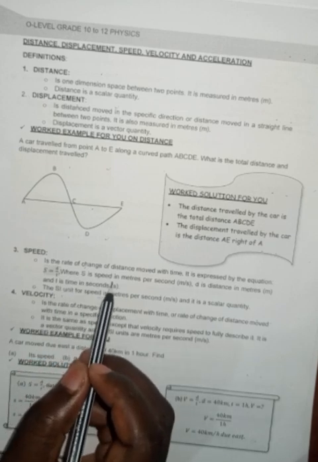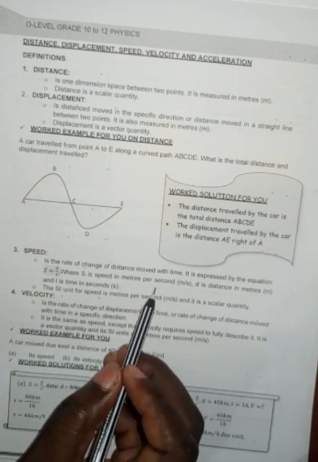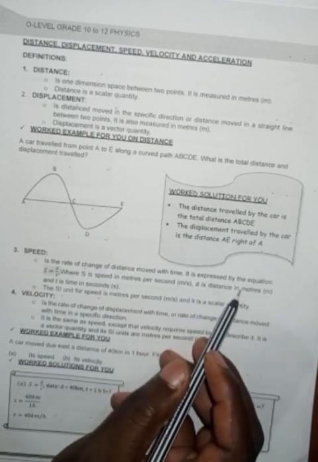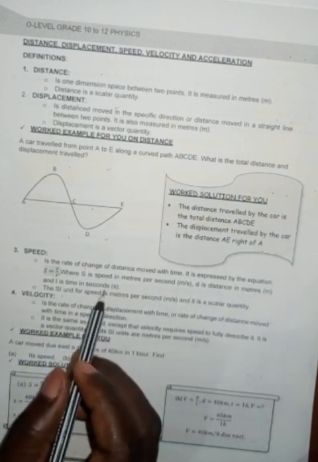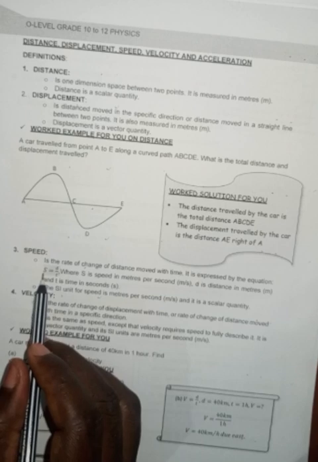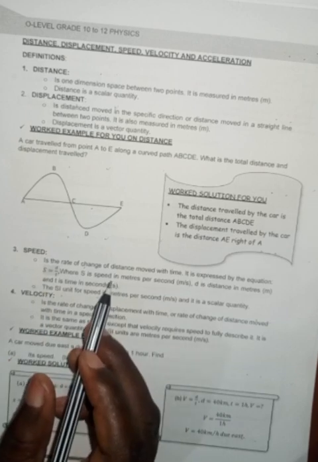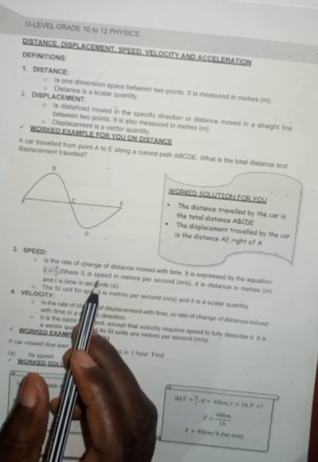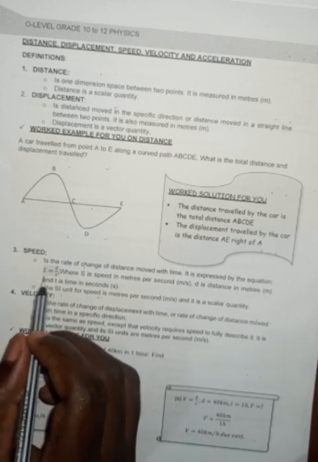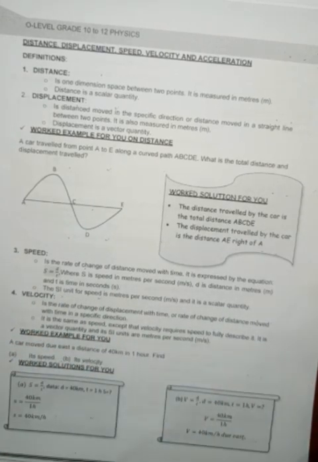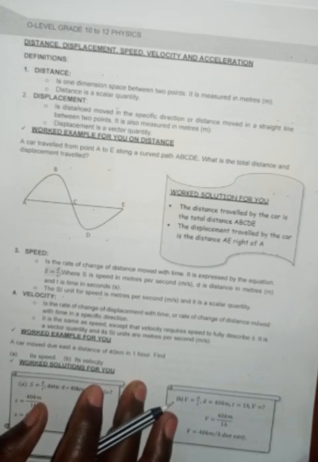S is the speed in meters per second, and D is the distance moved in meters. So if you're given, let's say, the speed in kilometers per hour, there's need for you to convert that to meters per second. We shall look at things like that very soon.